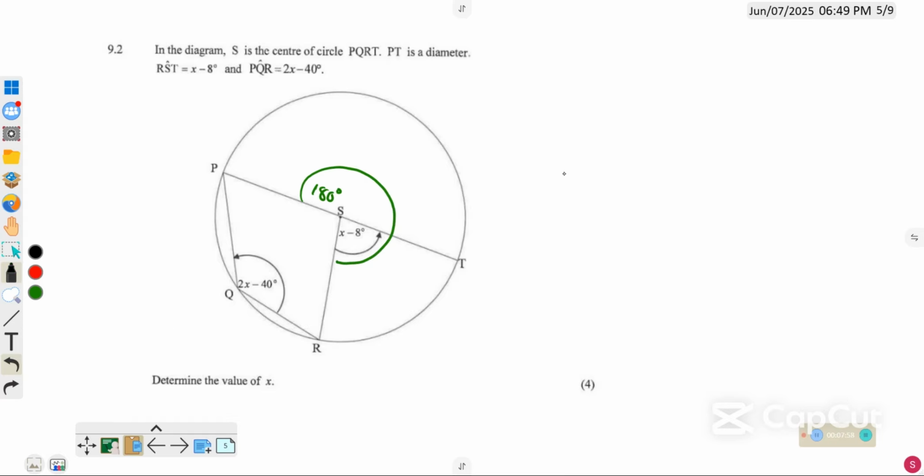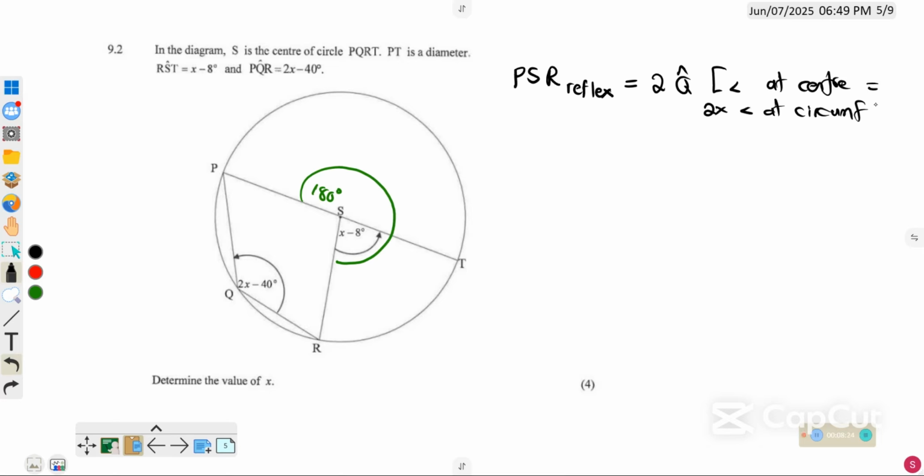We are looking for x. But for angle PSR, there are 2 angles there. I'm being specific that it's PSR reflex, which will be equal to 2 times angle Q. Why is that? This is the angle at the center, which is equal to 2 times the angle at the circumference.